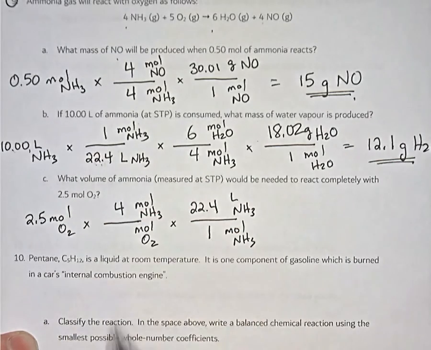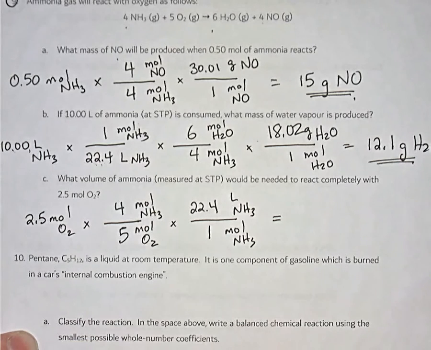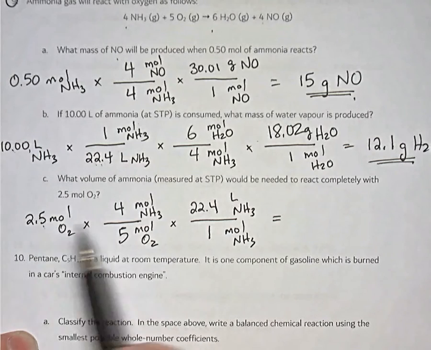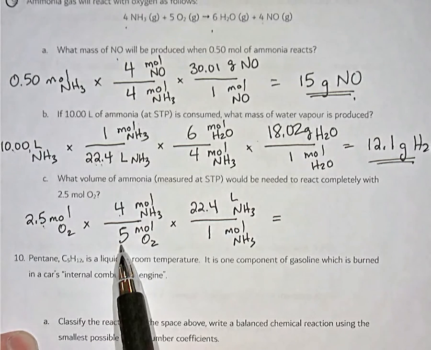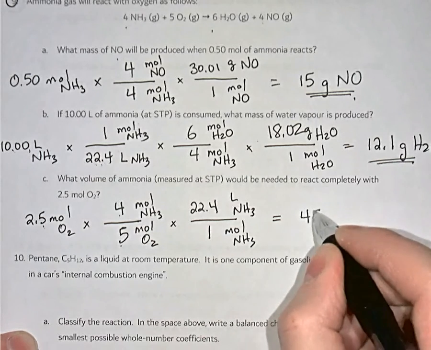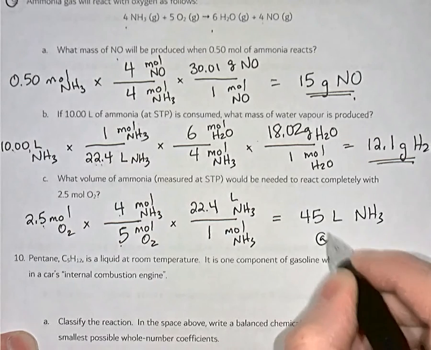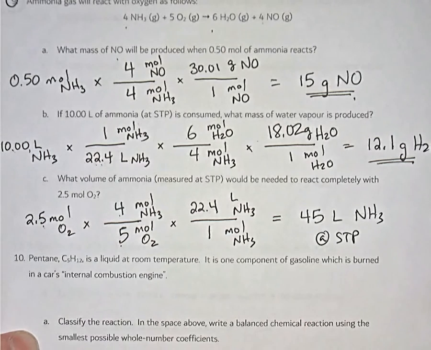So 4 moles of ammonia for every 5 moles of oxygen. On my calculator, we have 2 digits and 3 digits. We're going to keep 2 digits in this answer. So 2.5 times 4 divided by 5 times 22.4 gives me 45 liters of ammonia gas at STP, standard temperature and pressure.